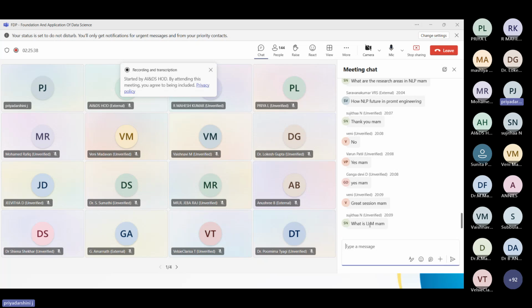LLM? Okay, what an LLM is, as I told you before, is a large language model. It is whatever Google is doing. You're all aware of the page ranking algorithm.